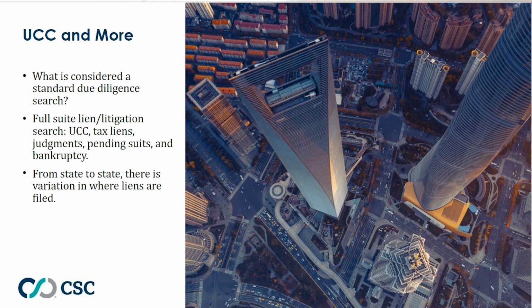They are indexed with the Secretary of State of New York, but the copy of the lien is actually recorded and searched or retrieved from the county office where the debtor has its mailing address or principal office address. Delaware Secretary of State records federal tax liens. Well, you know what? So do the three counties in Delaware.